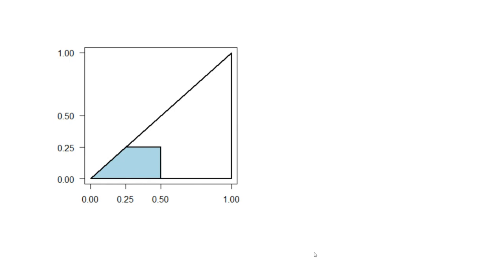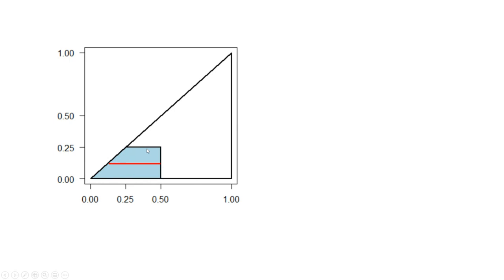So for this region, would you rather use vertical rectangles or horizontal rectangles? Yeah, horizontal rectangles. Why? You have two opportunities for vertical. Yeah, if we had vertical rectangles, we'd need to go up to different lines depending on whether x was less than 0.25 or greater than 0.25.